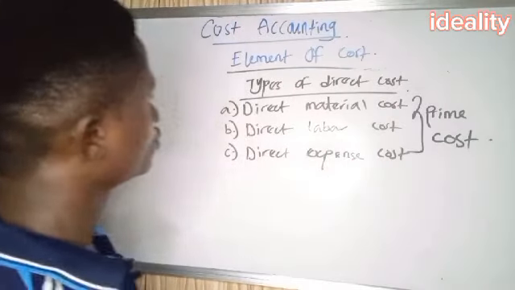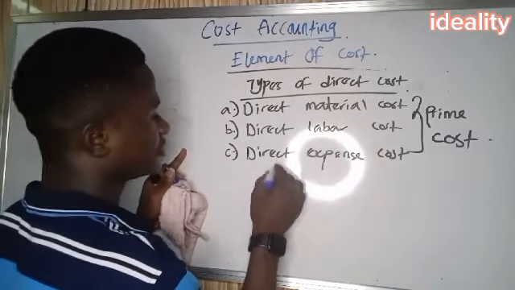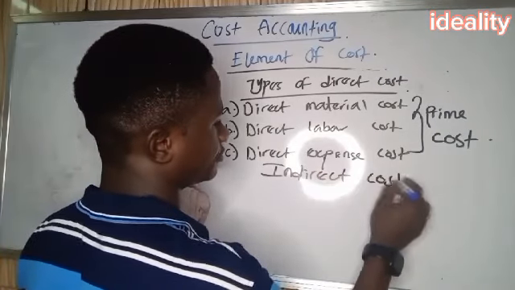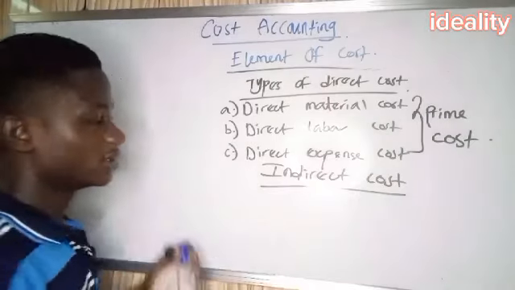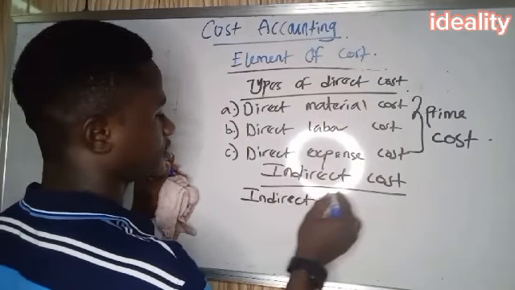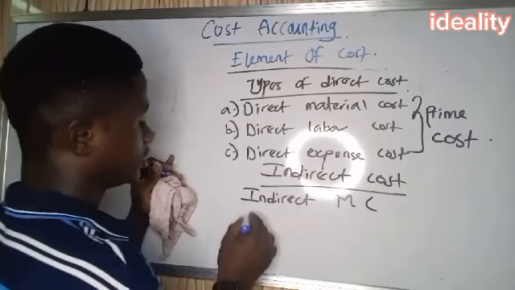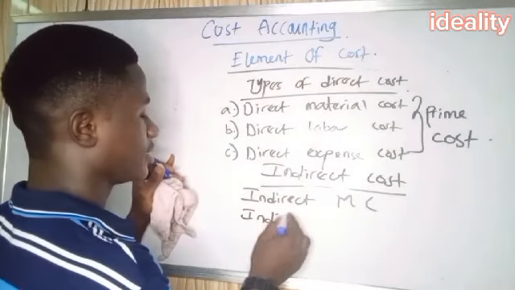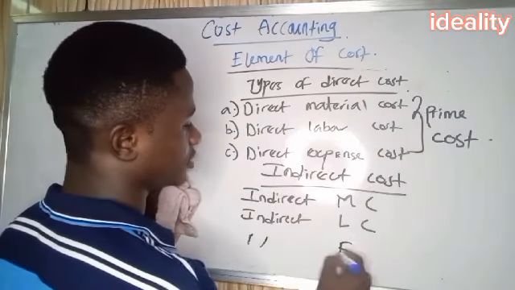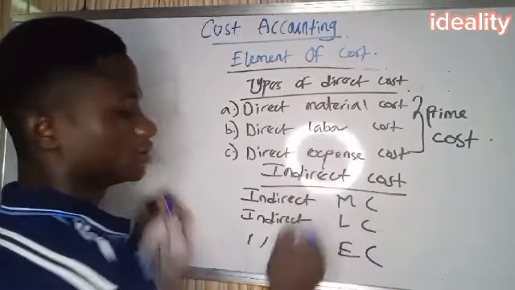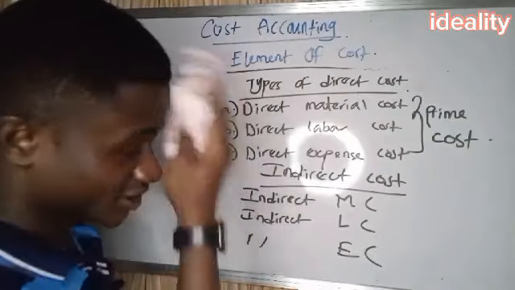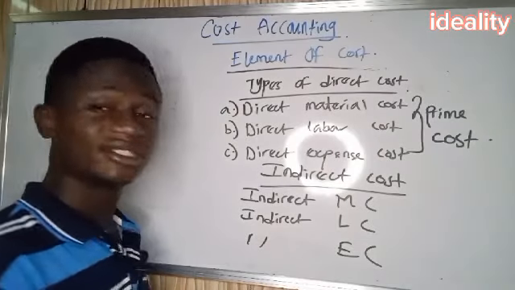So going to indirect costs also, we have three: indirect material cost, indirect labor cost, and indirect expenses cost.